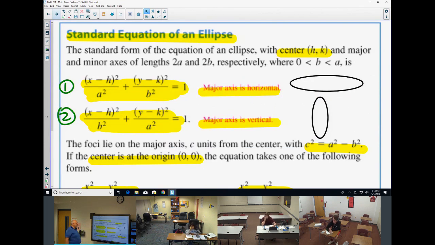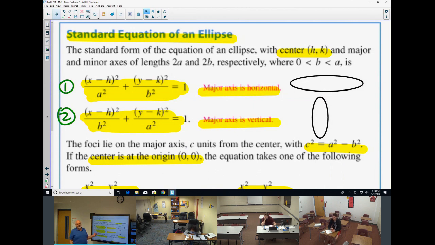Now, I'll just tell you, every book I've seen has these two versions, where they talk about the major axis being horizontal or vertical. But if you look, what determines whether your ellipse is horizontal or vertical, fat or thin, is which of these numbers is bigger. So I really only memorized one of these.